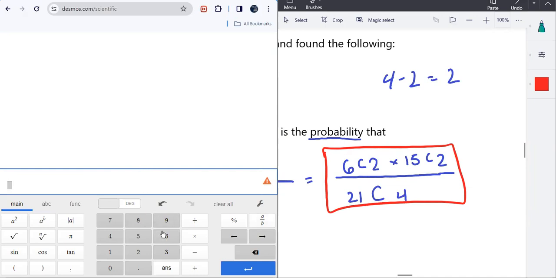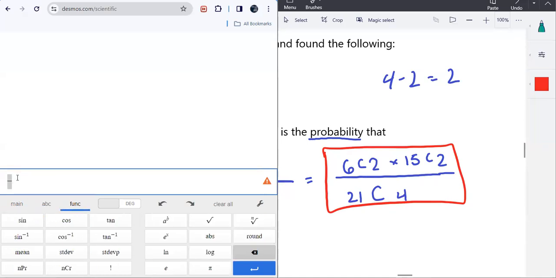And the first thing I have is combinations. So let's open up the function menu to get combinations. Sometimes when I do this on my computer, it kicks me out of the top of the fraction, but I'm just going to click back into the top to make sure I'm still there. Now I've got combinations, and my first combination is 6 and 2.